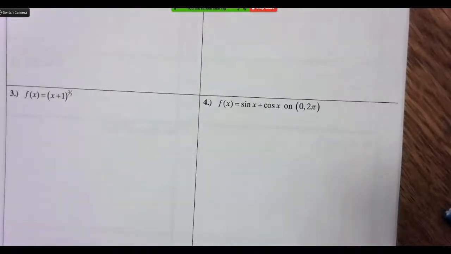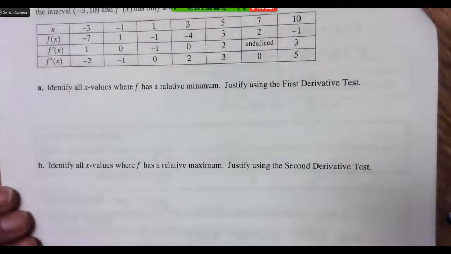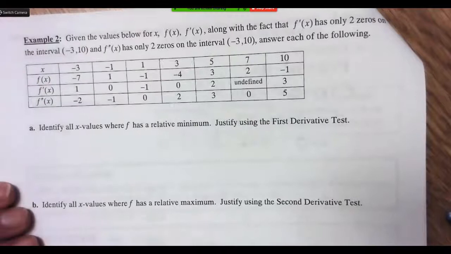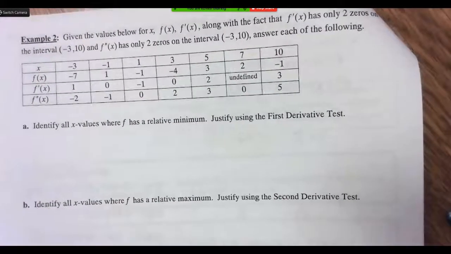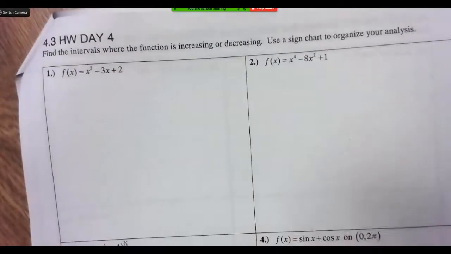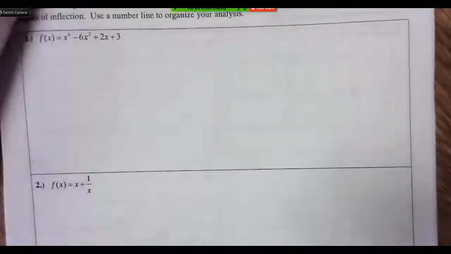Tomorrow, we're going to have a live lesson on the next stuff. I was so upset about that table the other day and how AP had it wrong, I came up with another table, but because we're down to about 2 minutes, we don't have time to work through that. I'm actually going to just work through that second concavity example, but I want to touch on the fact that your homework for tonight would be that 4.3 homework day 4.